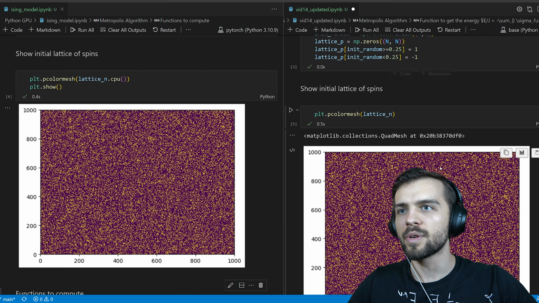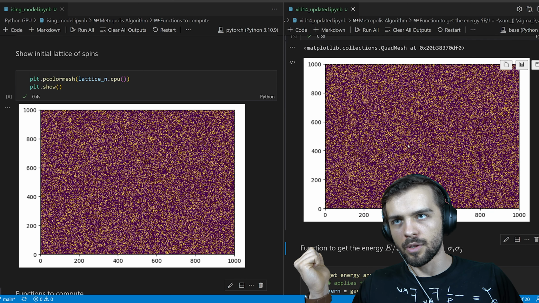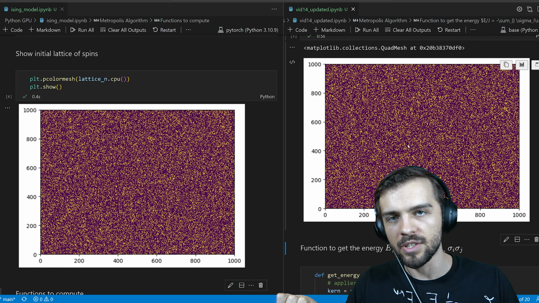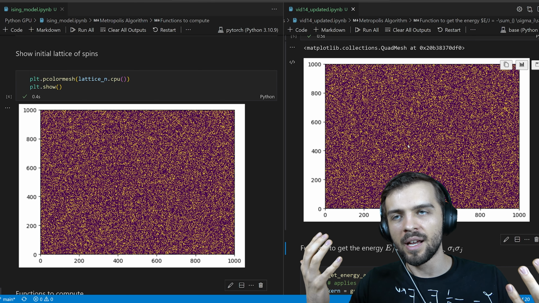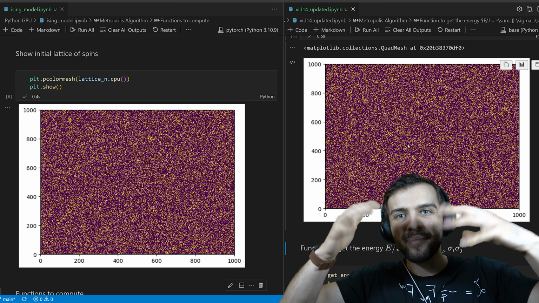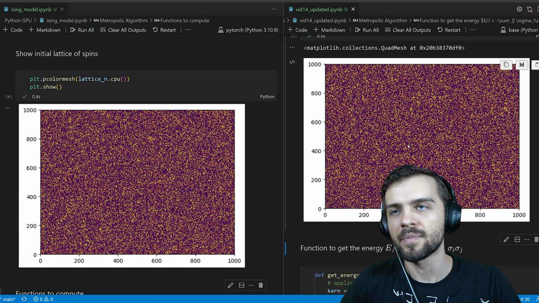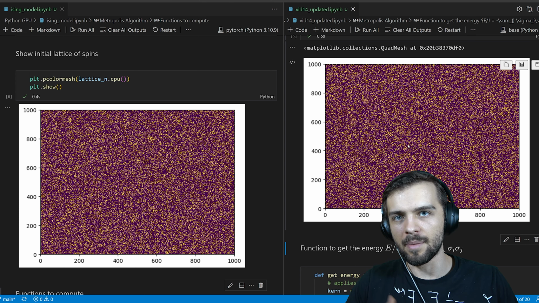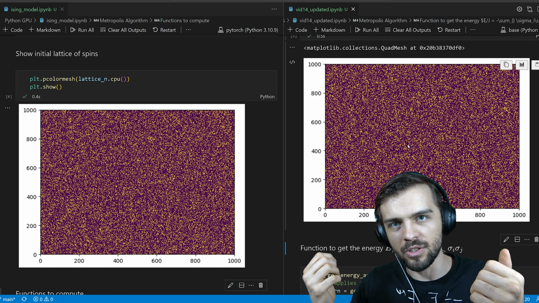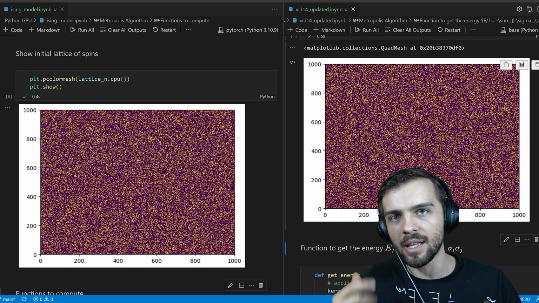So I have my initial grid. We're going to run the Metropolis algorithm, and all these spins are going to align in a way that's related to the temperature of the system. If it's high temperature, they're going to be misaligned because the high temperature permits that higher energy state of the system. Whereas if the temperature is lower, you don't have that additional energy in the system, so the spins are going to move into a low energy state and become aligned with each other.